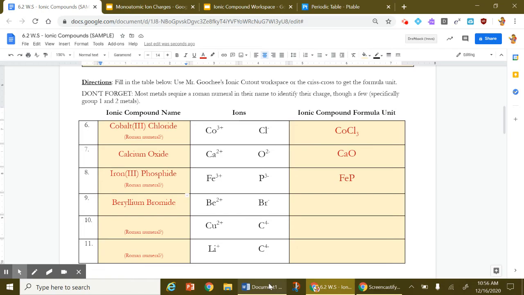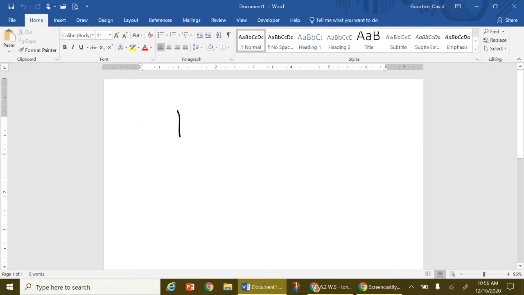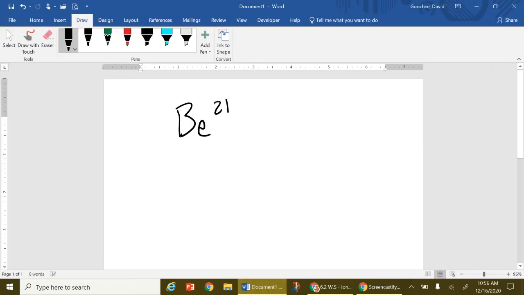Now, here's how the crisscross method works. Be 2+, Br 1-. It's just a little mathematical trick where whatever the charge is of one ion, that's how many you have of the other.